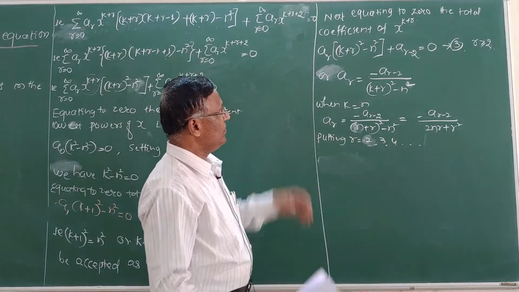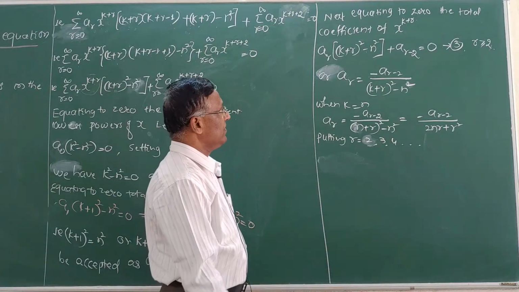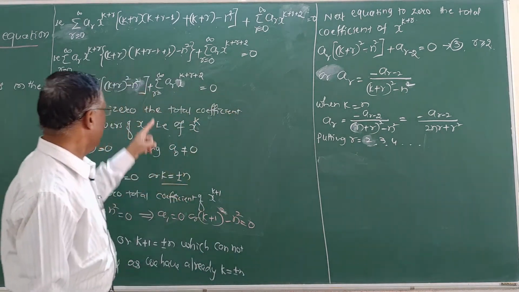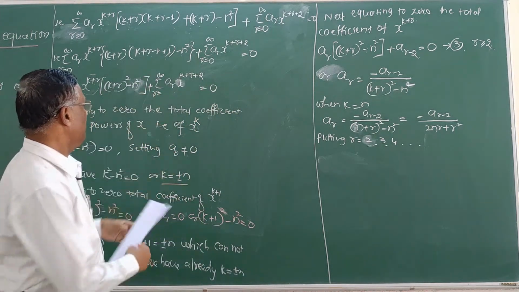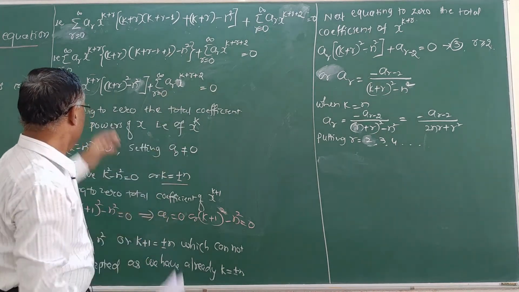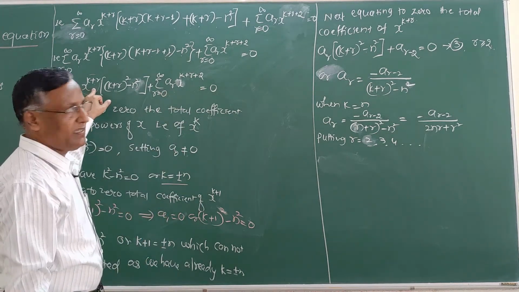Next, equating to 0 the total coefficient of x raised to k plus r. That term is obtained in the second term by putting r equal to r minus 2, whereas in the first term we already have x raised to k plus r.